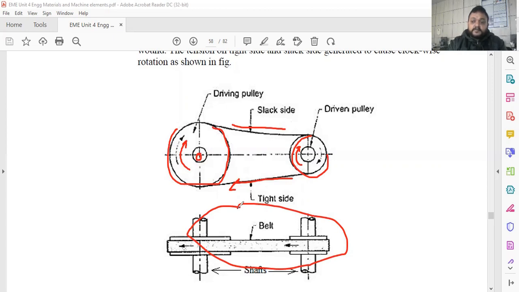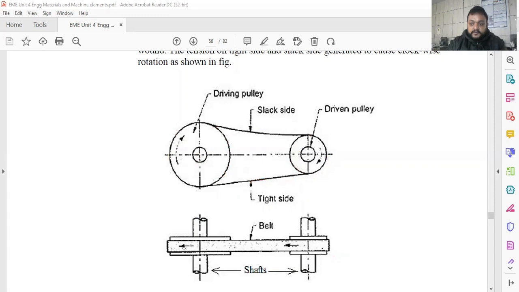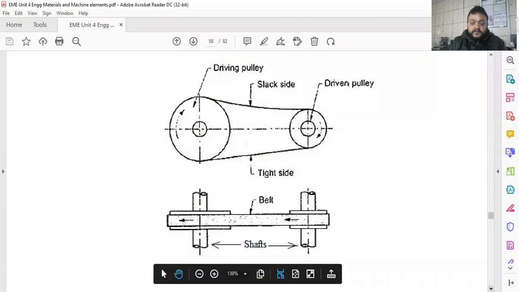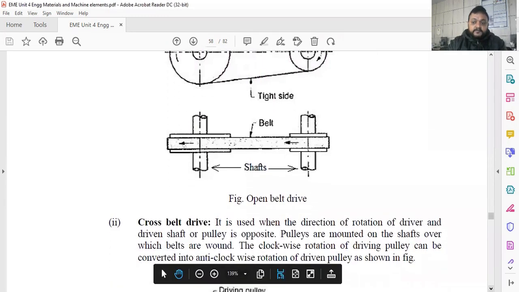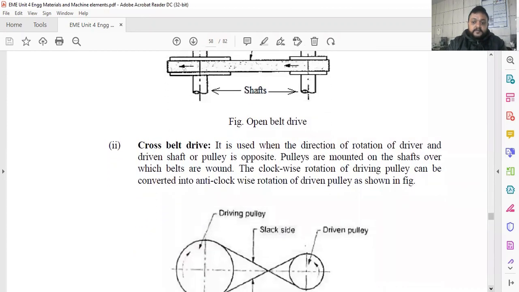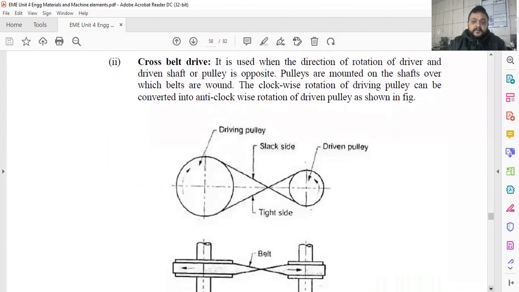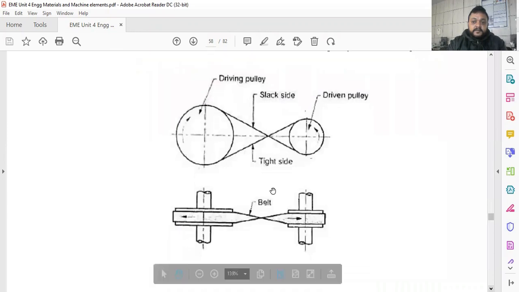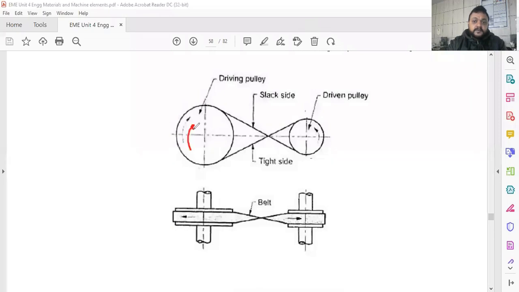Suppose if it is rotating in opposite direction, then what we have to do? We have to use the cross belt drive. Instead of open belt drive, we have to use the cross belt drive. So here you can see crossing of the belt is there, where driving pulley is rotating in clockwise direction, but you need the rotation of the driven pulley anti-clockwise.